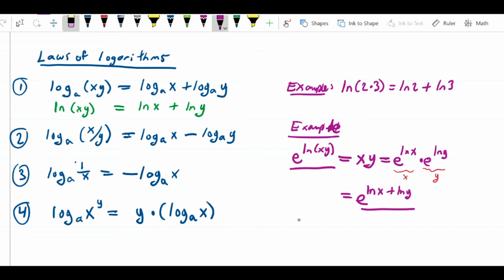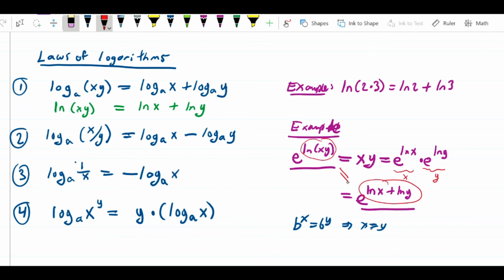If you recall, the rule was that b to the x equals b to the y implies that x equals y. So that's exactly what I have here. I have e to the ln xy equals e to the ln x plus ln y, which implies that these two expressions must be equal to each other.